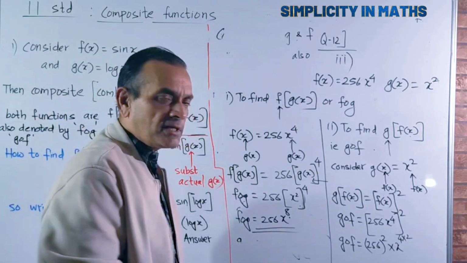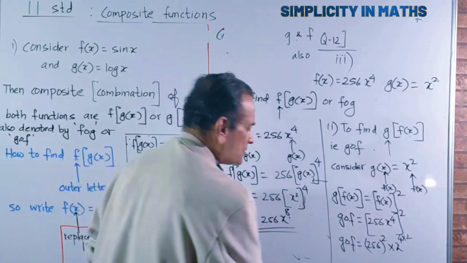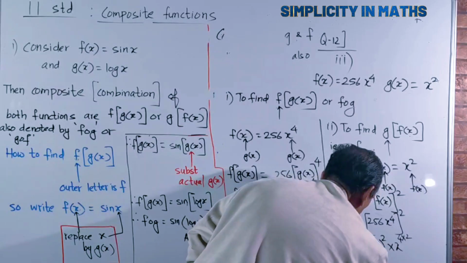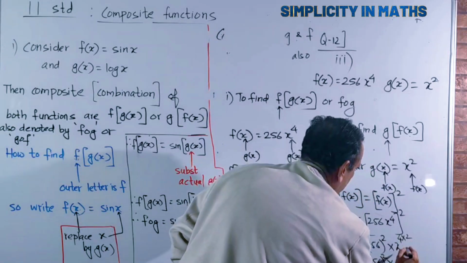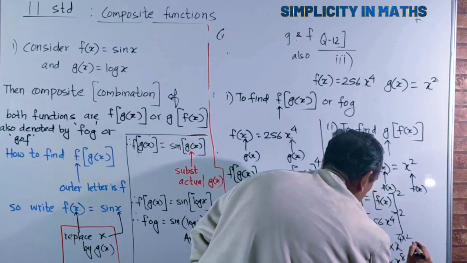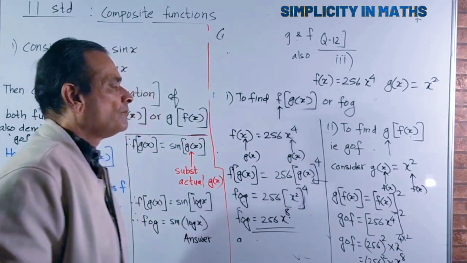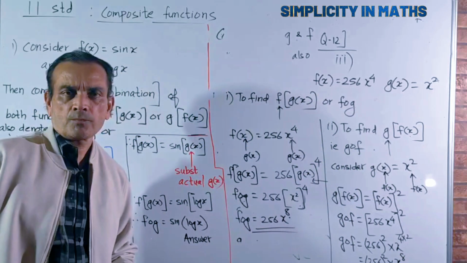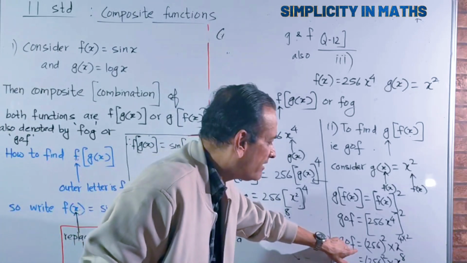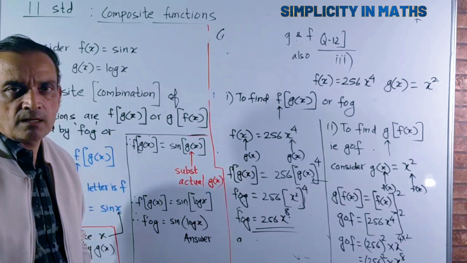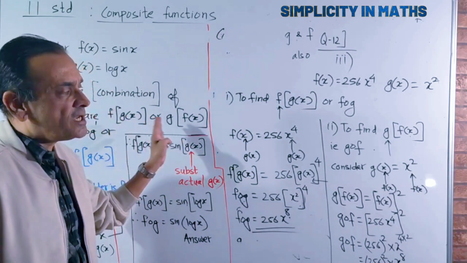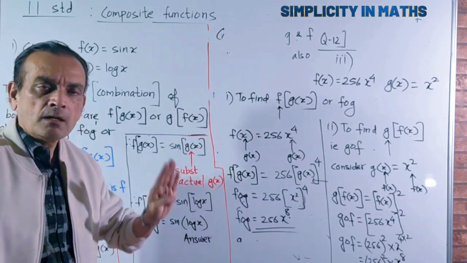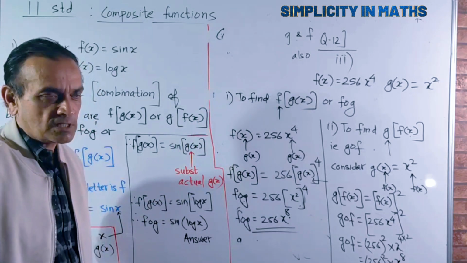Now you can find out what is 256 into 256. Check करो. Four into 2 is x raised to 8. That is how you find g of fx. Right? So f of gx and g of fx are the two types of composite functions.